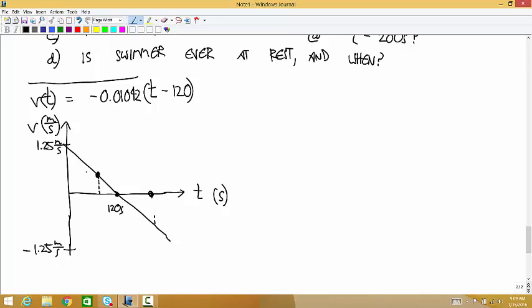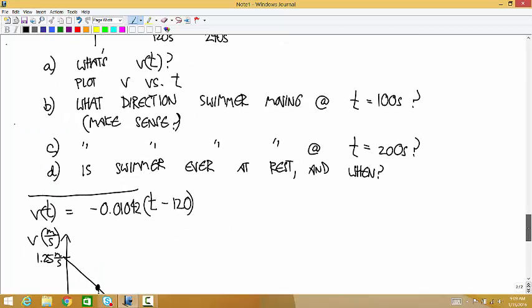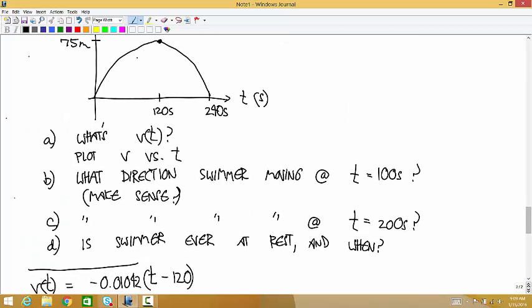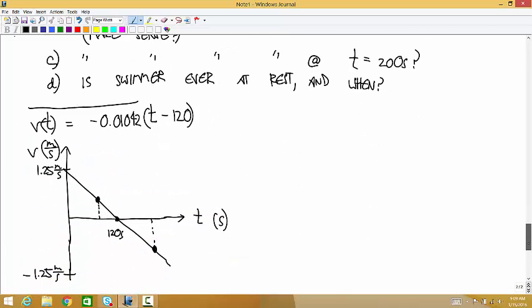Since this is the velocity versus time graph, we're looking at the values of these, not the slope anymore. So the instantaneous velocity is the slope on the position versus time, but the value on the velocity versus time.